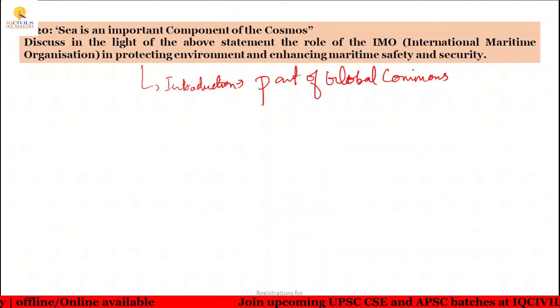So it helps in sustaining life on Earth. The International Maritime Organization has an important role in safeguarding the environment through its various initiatives and guidelines. Now, what is the contribution of the International Maritime Organization? This you have to write in the body of the answer.